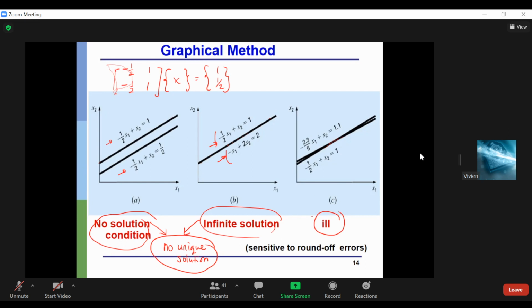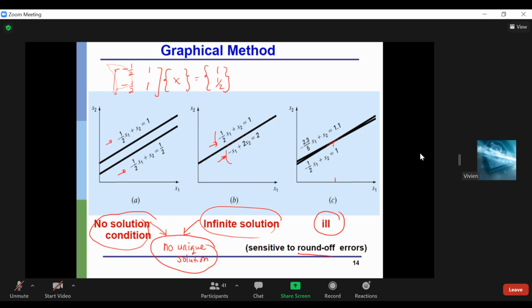And what happens if we have ill conditions is that it is sensitive to round-off error. What is meant by sensitive to round-off error? For example, if we have a change of value in x, the y value will change as well.